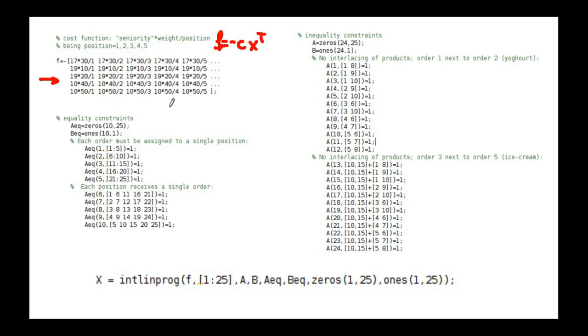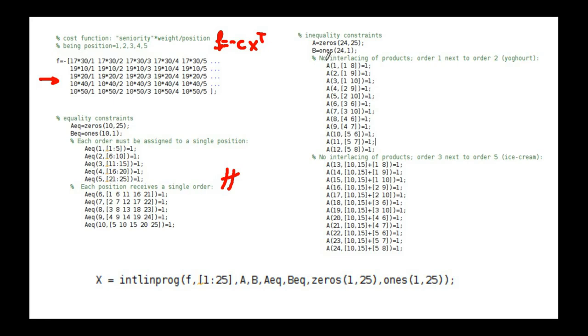So this is the array C, that at the end is the cost function, because it's a linear combination. Then the equality constraints are stacked together, the first 5 and the second 5, as you remember. Each order must be assigned to a single position, and then each position will receive a single order. They are not the same. So keep this in mind.